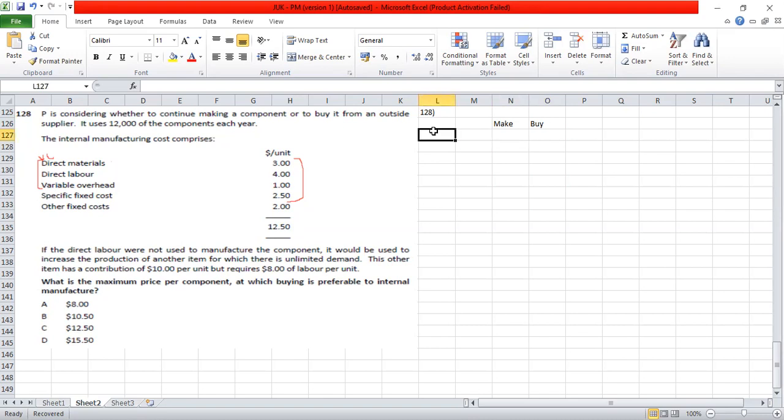So let's list out all the costs. First is direct material. Then we have direct labor. Then we have variable overhead. Then we have specific fixed cost.